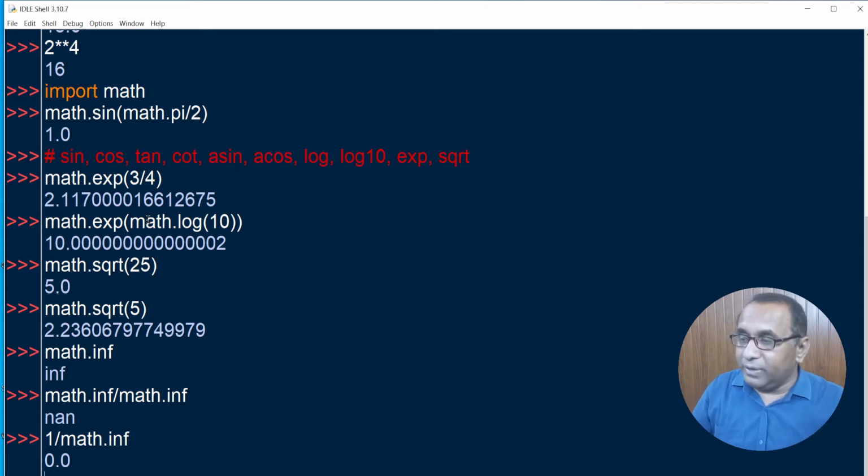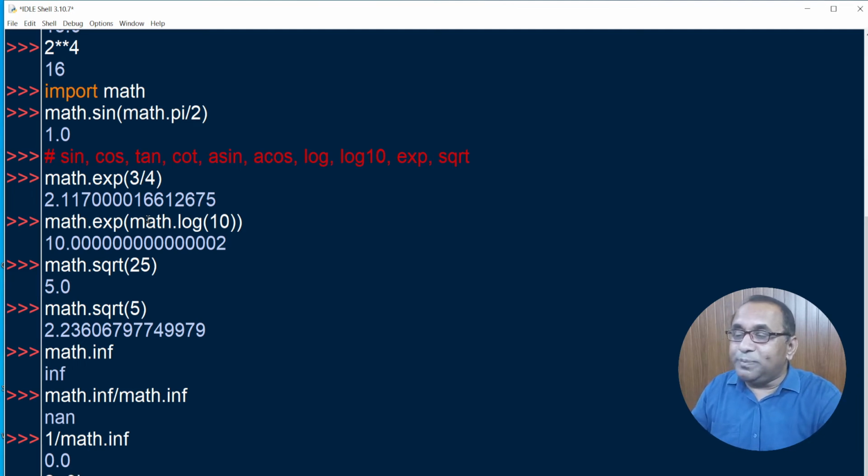Also, if you want to write a complex number, you can do this too. If you want to choose something like 2 plus 3 iota, in place of iota we have to use j in Python.